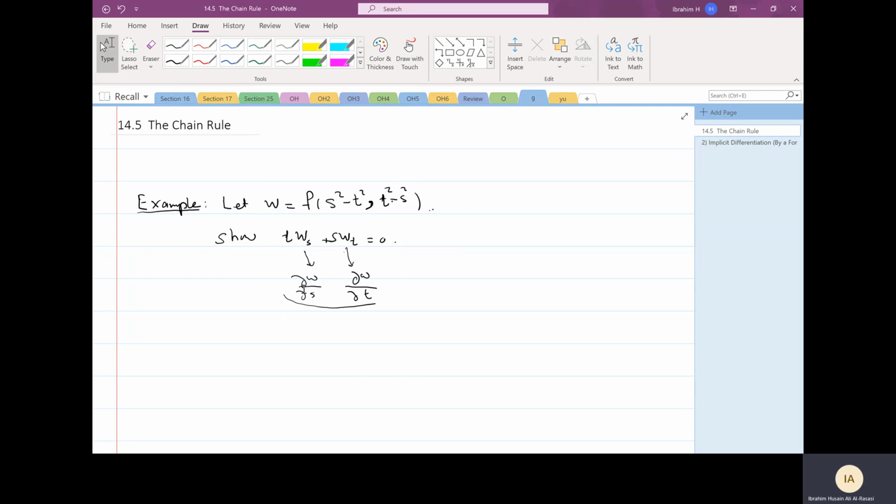Besides, to find W sub S and W sub T, in this case I have to use the chain rule. And to apply the chain rule, I have to have intermediate variables. Here I have W, then S and T. There is no intermediate variable. So what do we do for the solution? We introduce intermediate variables.